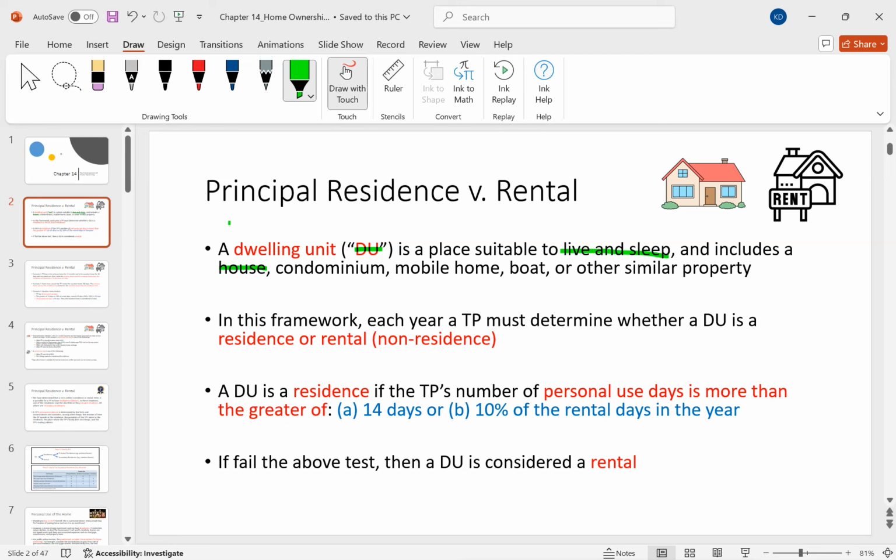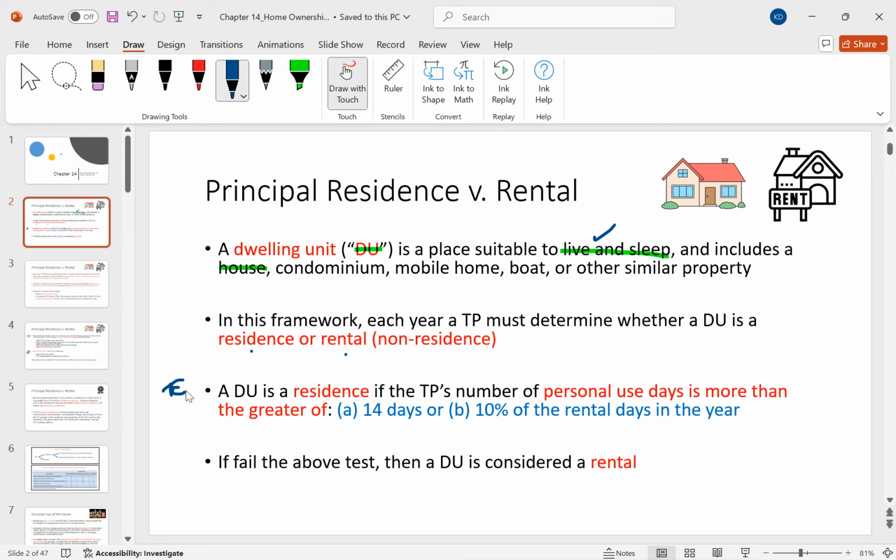Now, when we talk about dwelling units, you can classify them as either a residence or a rental. How do we make that determination? Is it a residence or rental? Well, we have a little test.